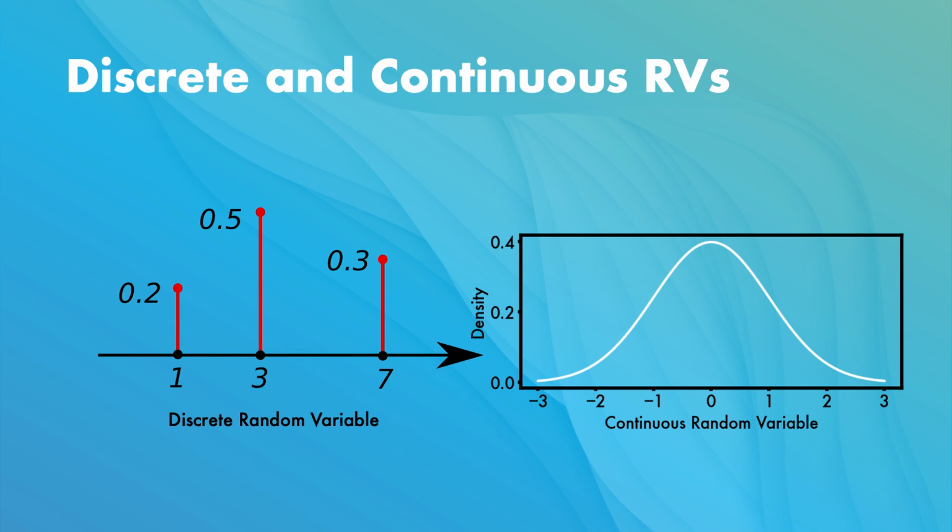It assumes values like 1, 3 and 7, which is a finite set in this case, and you can represent it with a probability mass function. But in the case of a continuous random variable, such as the one that I show on the right, which assumes values in a spectrum of numbers, you have to use the probability density function, which is more tricky to get the probability.